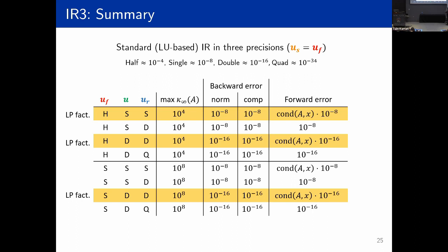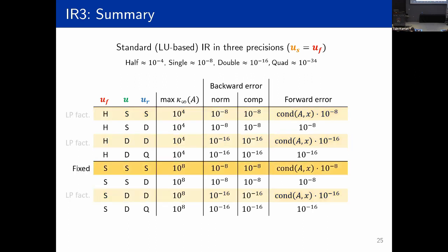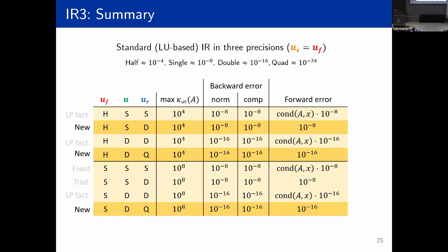Here are the low precision factorization versions. This row represents the fixed precision. Then I have a traditional one, where the residual computation is done in double the working precision. And the ones that are left are my new three precision variants.